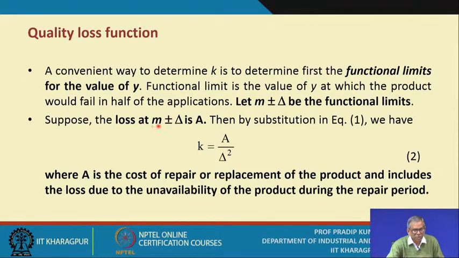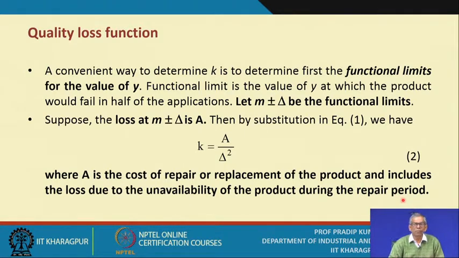Suppose the loss at m plus minus delta is capital A, as I have already mentioned. Then by substitution in equation 1 we have small k equals capital A divided by capital delta square, where A is the cost of repair or replacement of the product and includes the loss due to the unavailability of the product during the repair period.